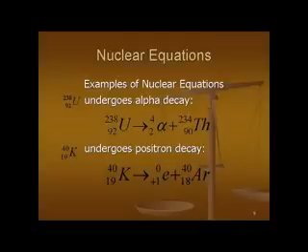When we look at the other product, we know that the mass number has to add up to 40. So since the positron has no mass, the mass number for the other product, the argon, has to be 40. And then we also know that the atomic number, which is 19 on the left side of the equation, has to be conserved on the right side.